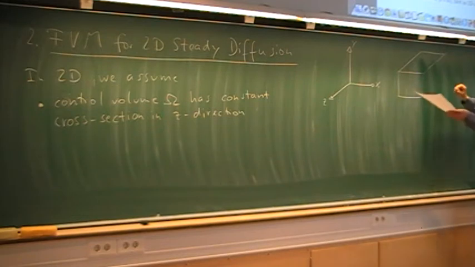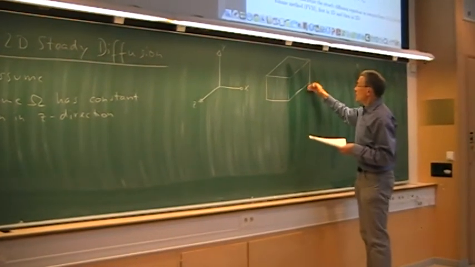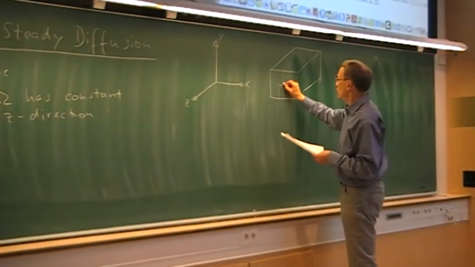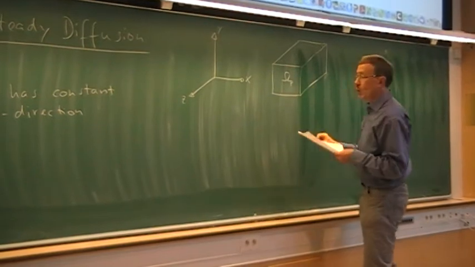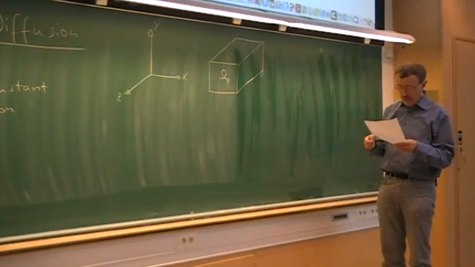So that is the assumption that we are making. That will be our control volume, and we call that omega p. That is our notation with the letters again.